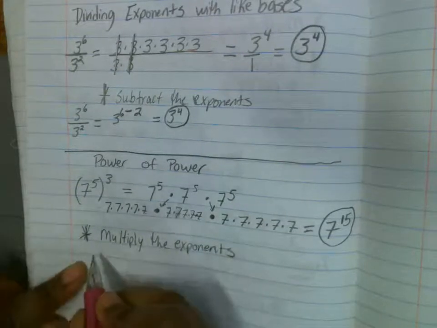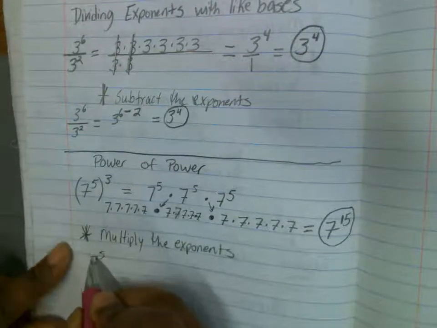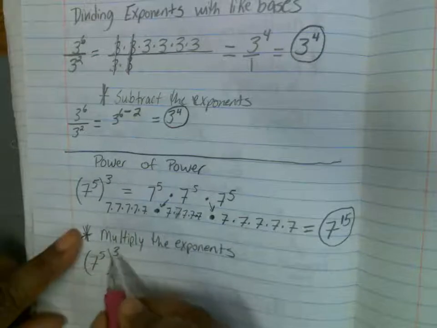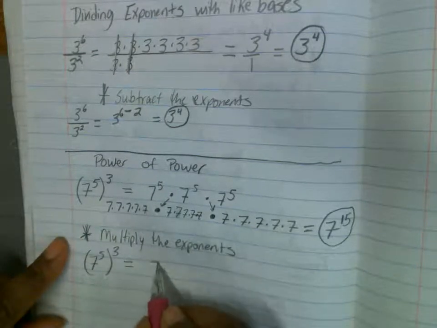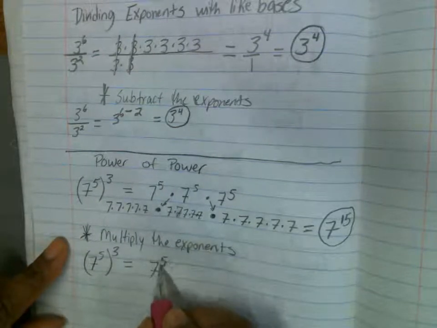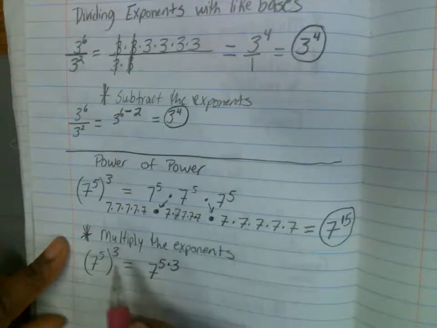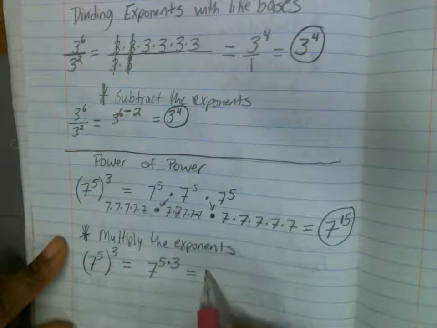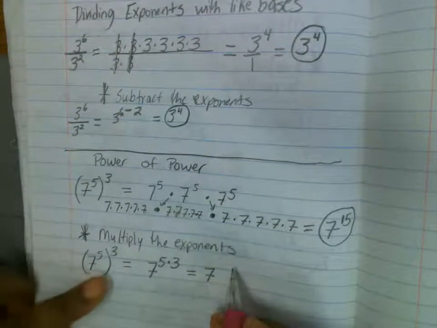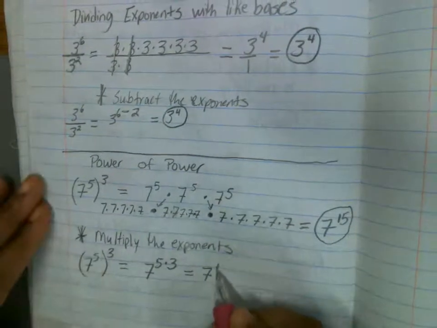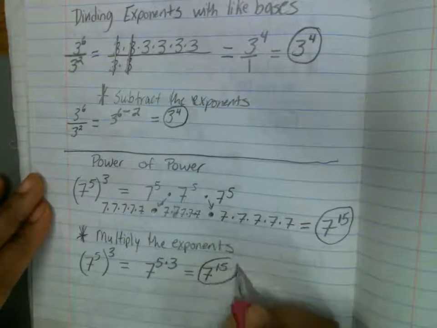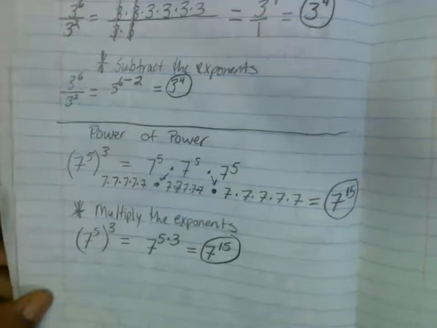Okay? So you have 7 to the fifth power raised to the third, and this gives you 5 times 3. You multiply when you have a power raised to another power, and this is going to give you 7 to the what? 15th power.